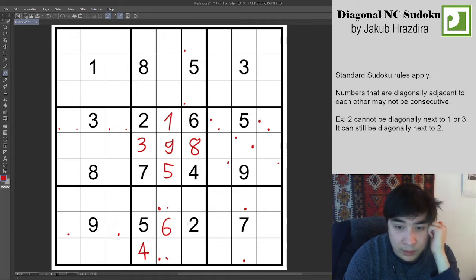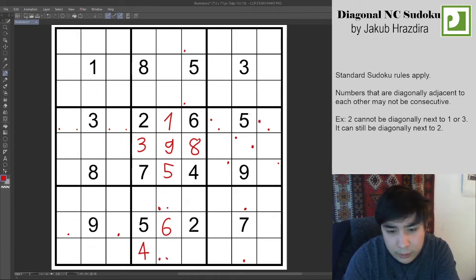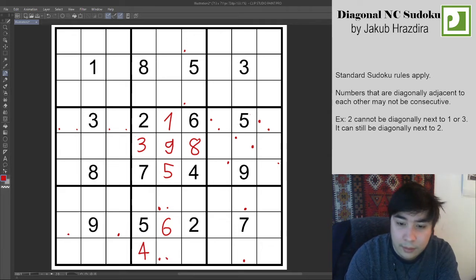There's 1, 3, and 9 remaining. I don't think there's anything too restrictive on any of those yet. These 4s are pushing the 4 into the middle column, and the 5 means we have to put it in the middle here.